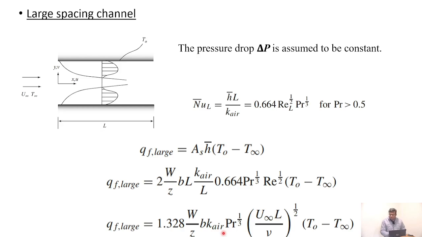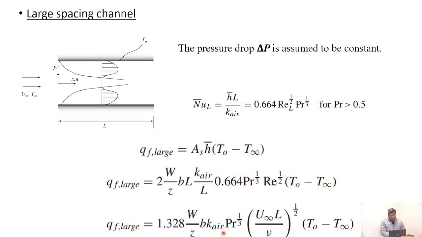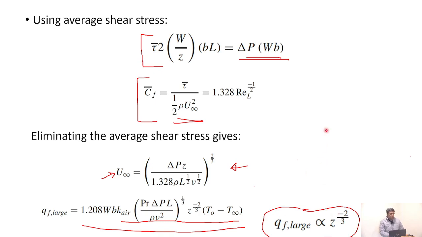This fluid which is being forced into the channel, we are taking this to be air. So we got this. Now, what do we do with U infinity? We will write it in terms of something else. So to do that, we use an average shear stress. So we use this expression.